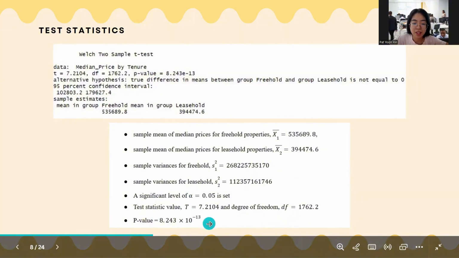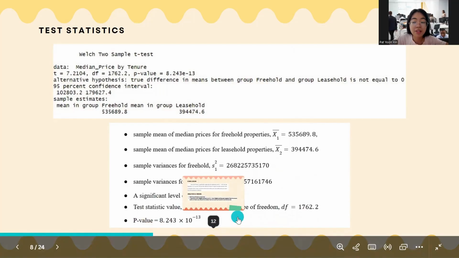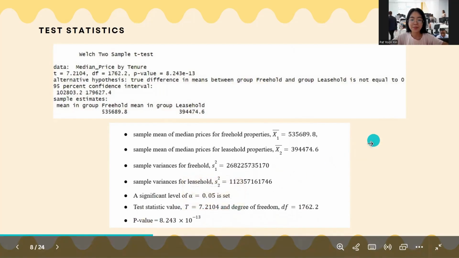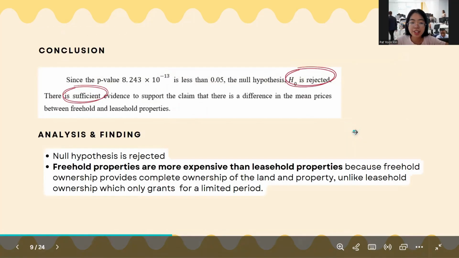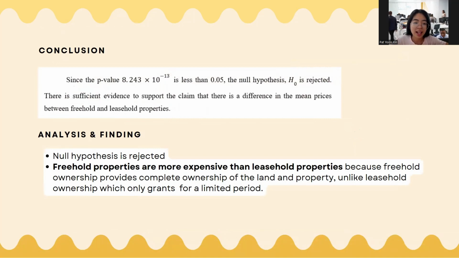The P value is also found, which is very, very close to 0. So in conclusion, since the P value, which is very close to 0, is much less than 0.05, the null hypothesis H0 is rejected. There is sufficient evidence to support the claim that there is a difference in the mean prices between the freehold and leasehold properties.